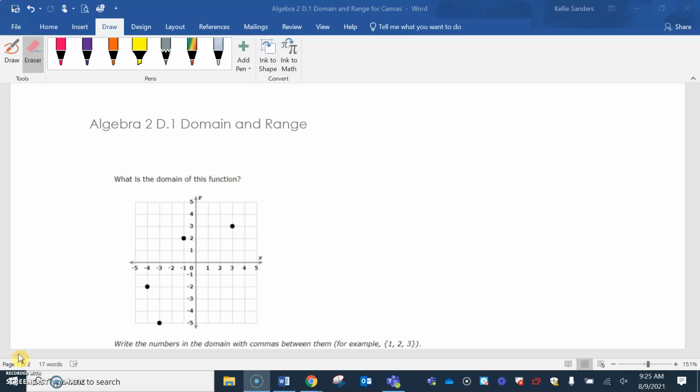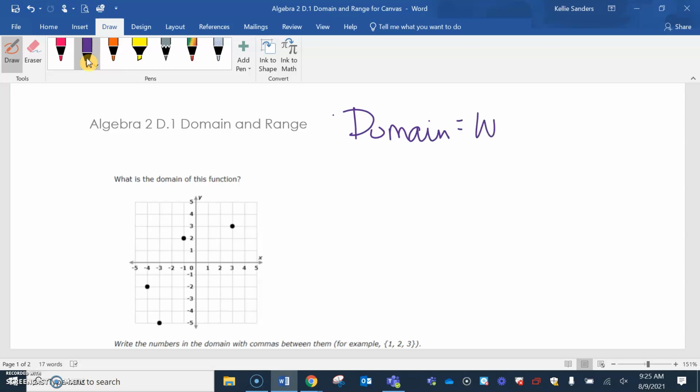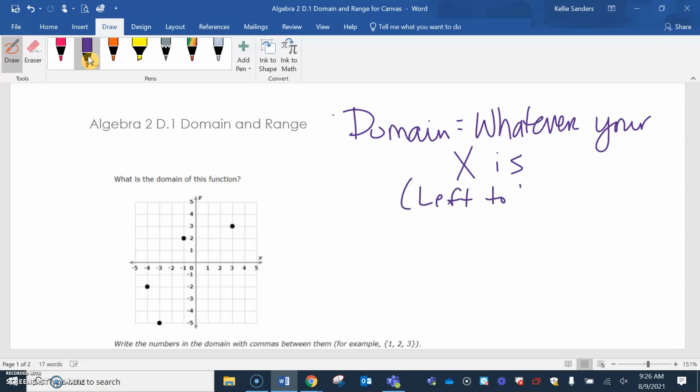Since you're in Algebra 2, you have heard of domain and range. You may not have liked it whenever you were introduced to it, but you have heard of it. And so just as a refresher, domain is whatever your x is, and x's go left to right.